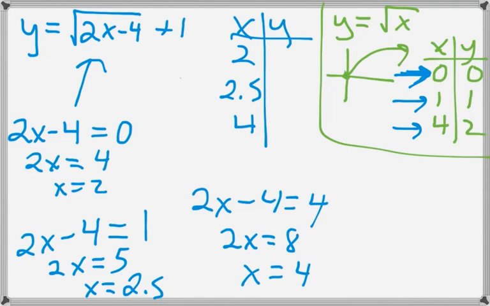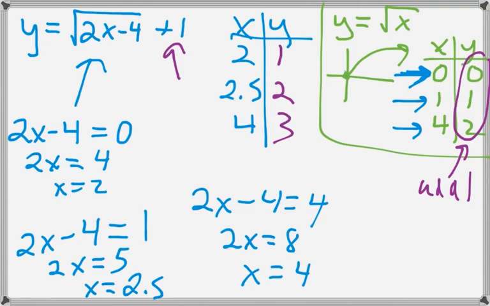Now if we look outside of the square root, we have a plus 1. So we're just going to add 1 to our y values, and that will shift the graph up 1 unit. So those will be our y values.